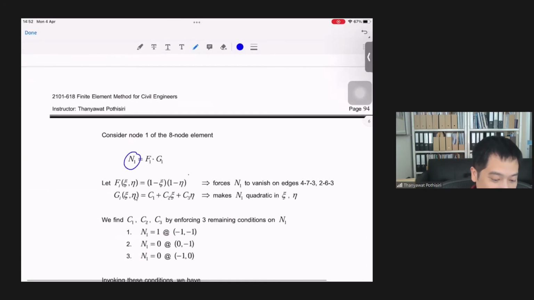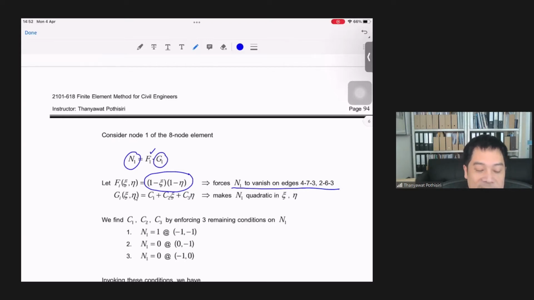So the first part, or the f part, should contain this, which would make N1 vanish along these edges. Now we already have this part, and we need this part right here.